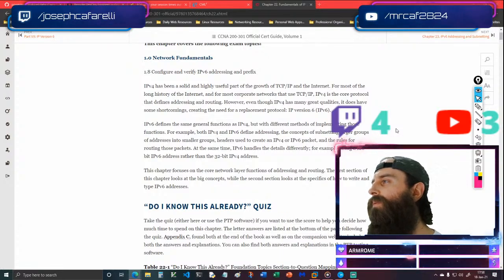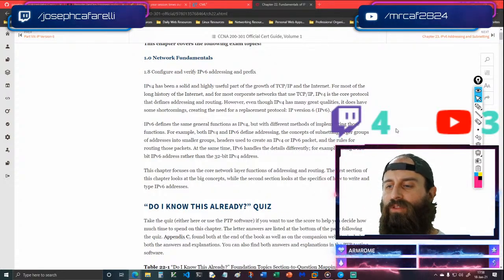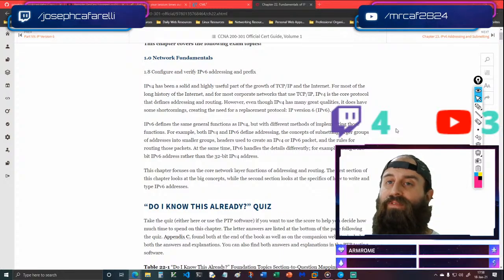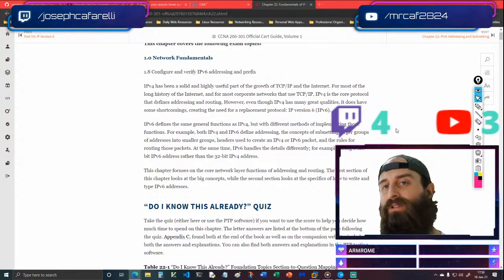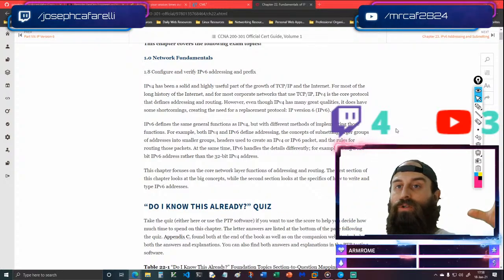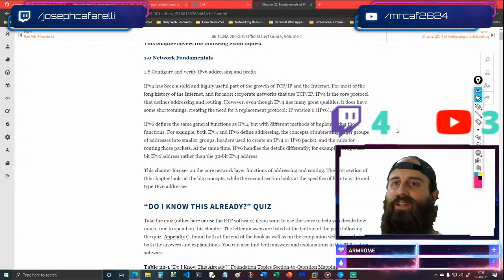At the same time, IPv6 handles the details differently. For example, using 128 bits. So instead of using 32 bits like in IPv4, we're now going to be using 128 bits. So we have 128 bits to play around with instead of just 32 bits. You can imagine the enormity, how large IPv6 is.